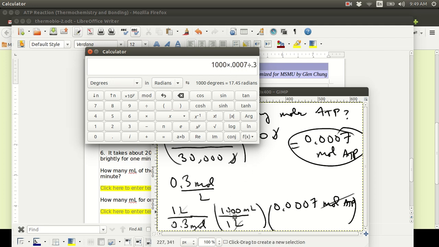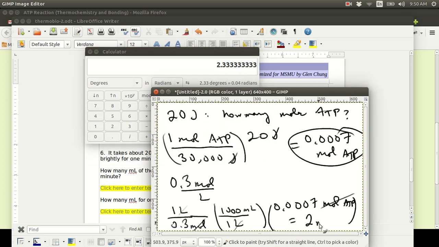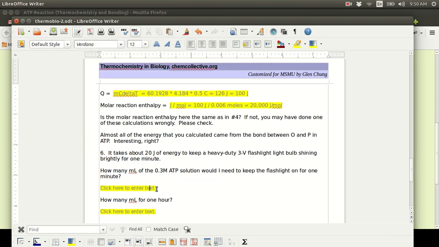There's 1,000 times 0.0007 divided by 0.3, and that equals 2 milliliters. Oh, sorry. So that equals 2 milliliters.